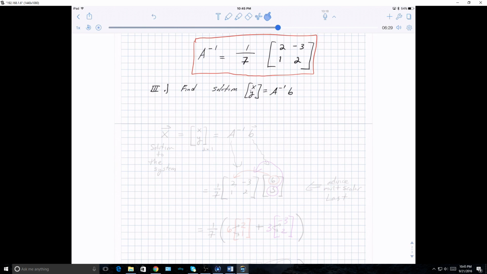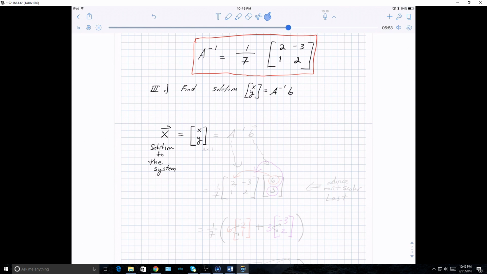So how do we calculate the solution? Well, the solution, given by this notation, will be the solution to the system, and that obviously is going to have two components, the x and y variables.